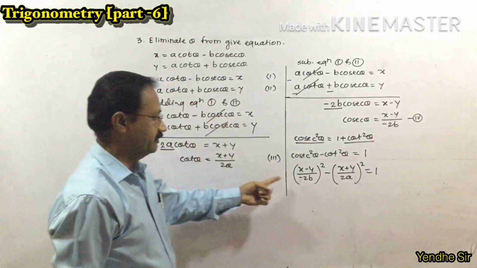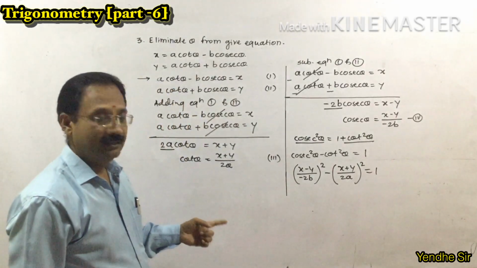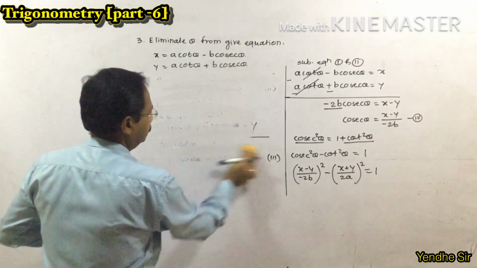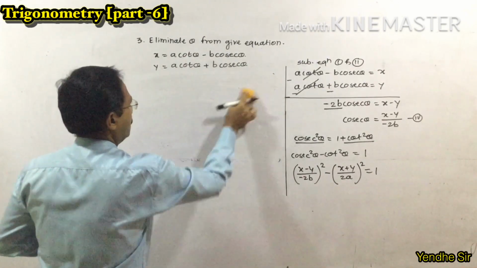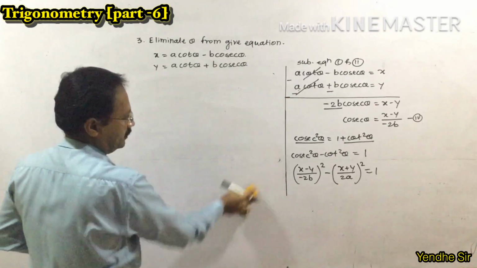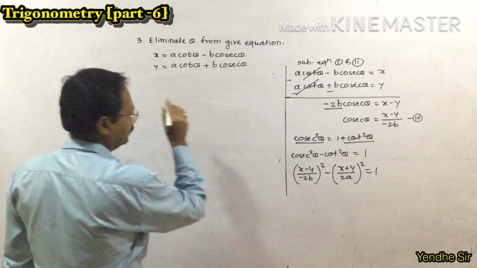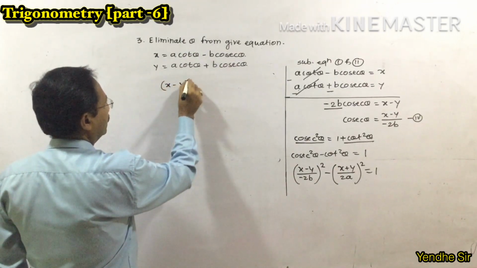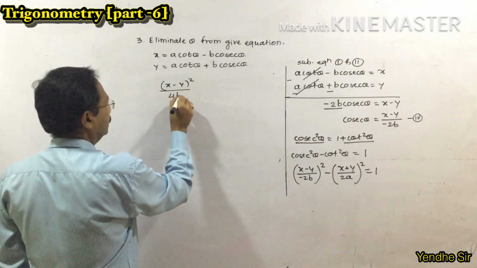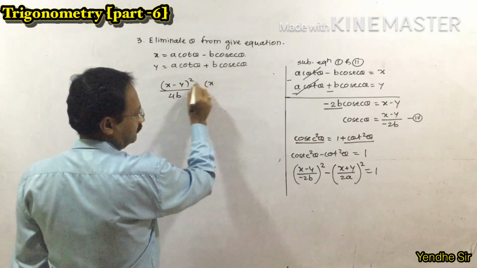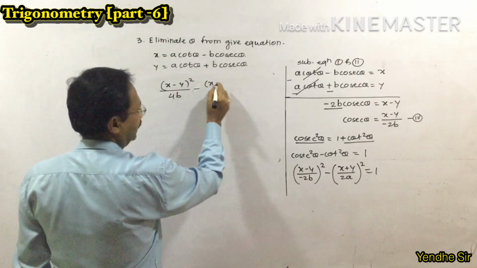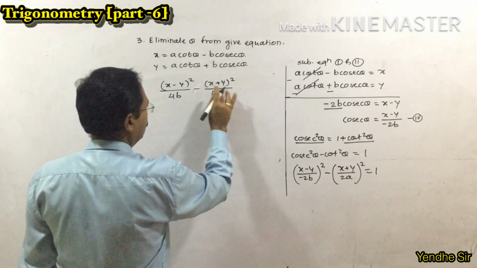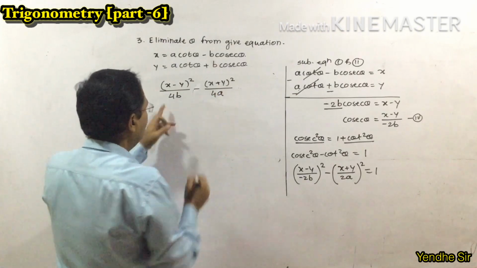If you do the square of this one, what will you get? Here I am going to show you. The square of this one will be x minus y bracket square upon 4b square, minus x plus y bracket square upon 4a square. So can you tell me why I have written the plus?